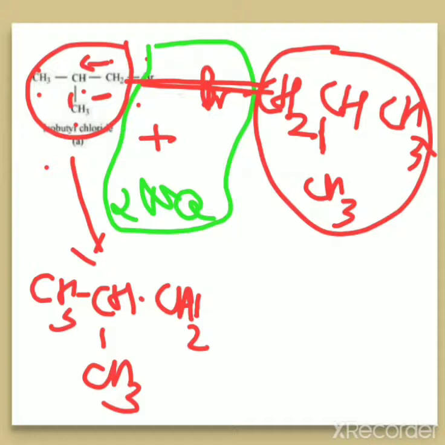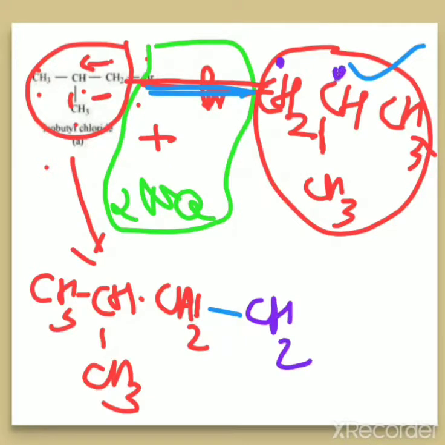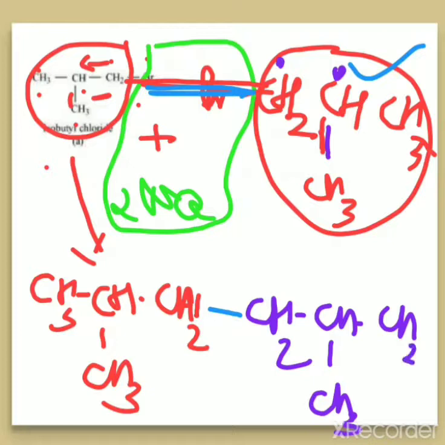Now next there is a linkage. This linkage I am making here. Then this part I am writing with another color. So CH2, CH2, then CH, CH, down there is one CH3, and then one CH3. So this is the product which is obtained.